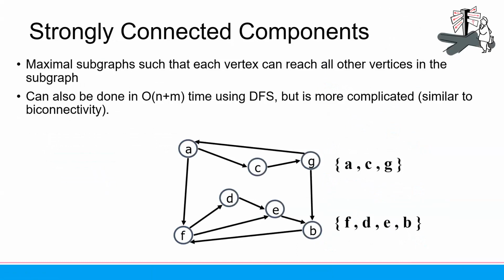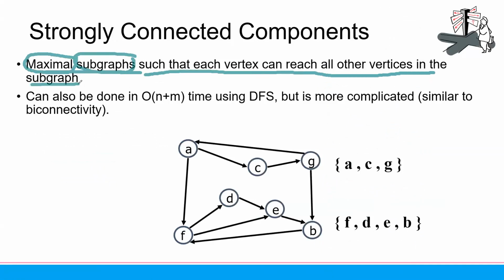We have the strongly connected components. Strongly connected components means we have the maximal subgraph, such that its vertex can reach all other vertices in the subgraph. You still remember subgraph? So we have some partial, not all the vertices.